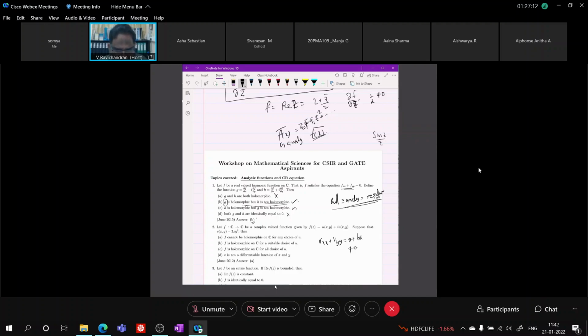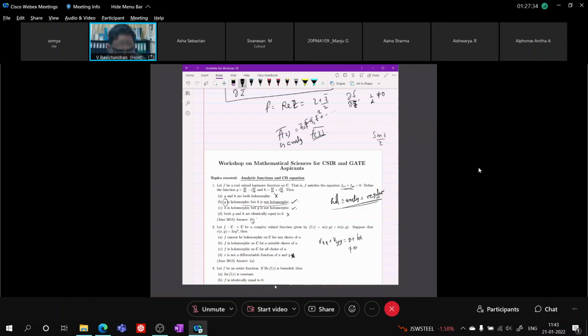Once V is not harmonic, then, anyway, whether this is complex differentiable or real differentiable, that will be a good question. If you think of complex differentiable, then this cannot happen, because everything is about complex differentiability.